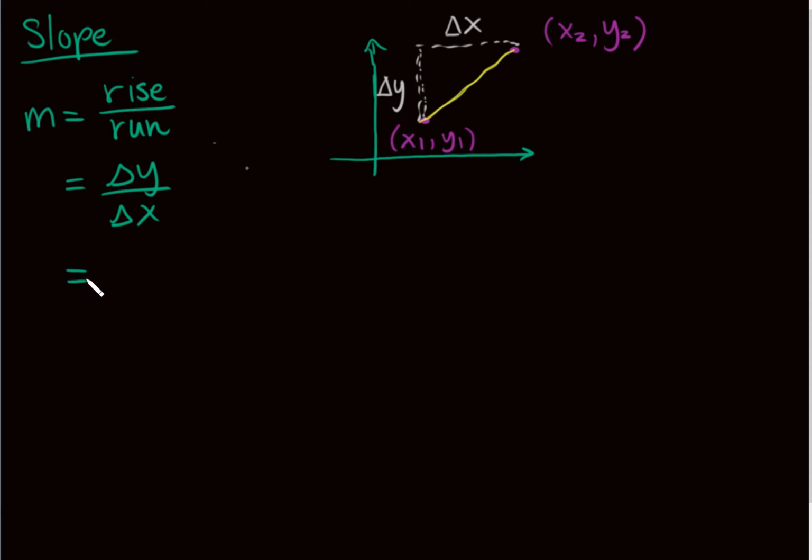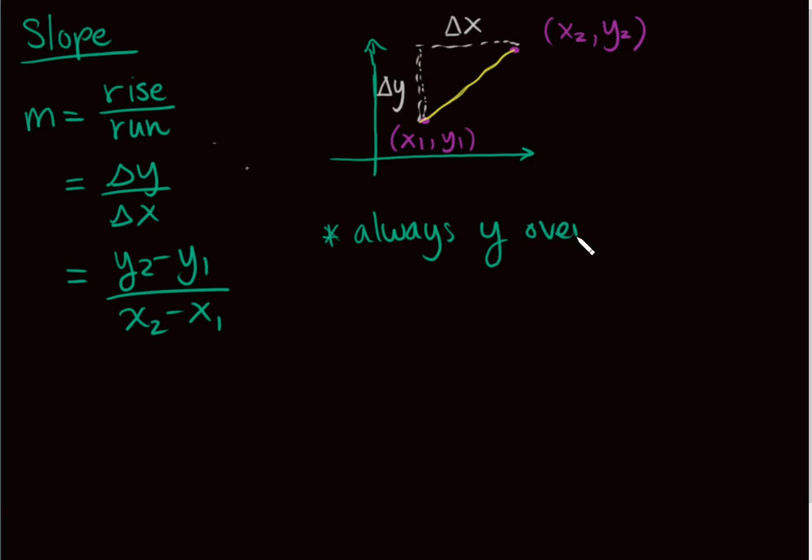And how do we find change? Well, we've seen this before. The distance we've traveled is found with subtraction. So y2 minus y1 all over x2 minus x1. It doesn't really matter which one you pick first. Here are two things you need to remember with slope. Always y over x.